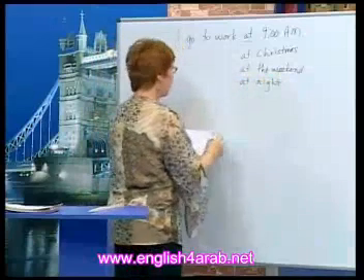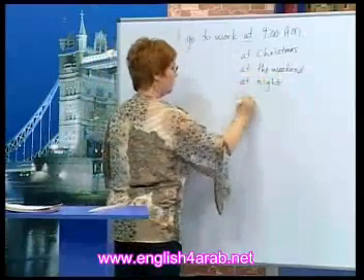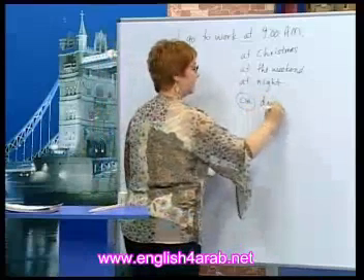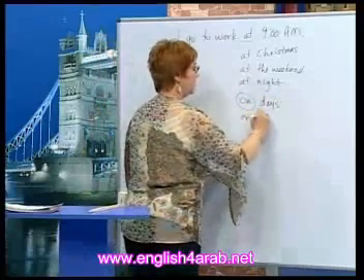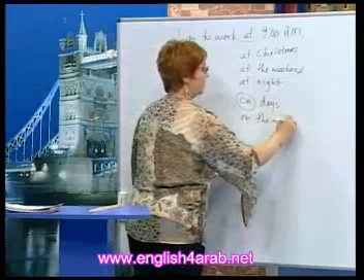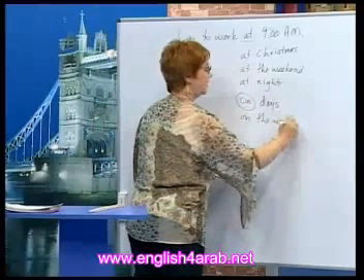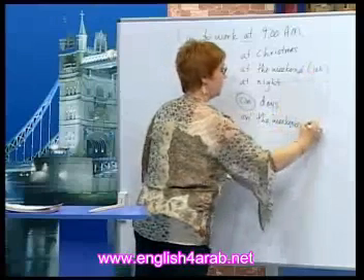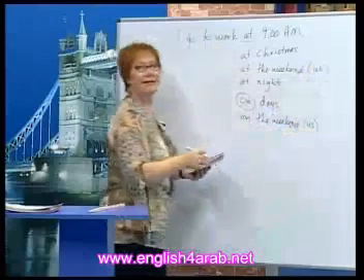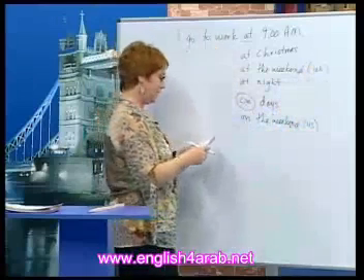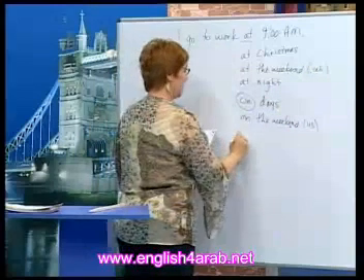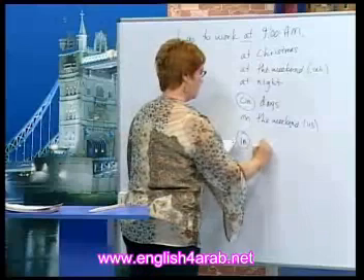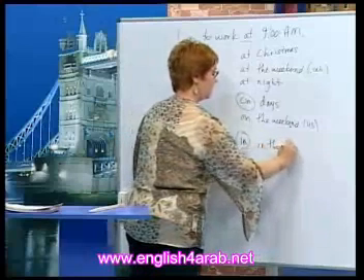Now, we use on to talk about days and weekends, on the weekend. So let's say at the weekend in the UK, on the weekend in the US and Canada, of course. All right? We use in. So in the morning, for example.